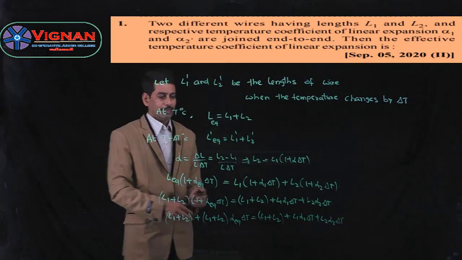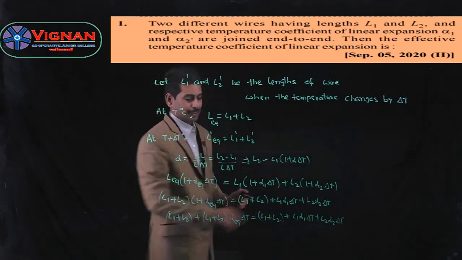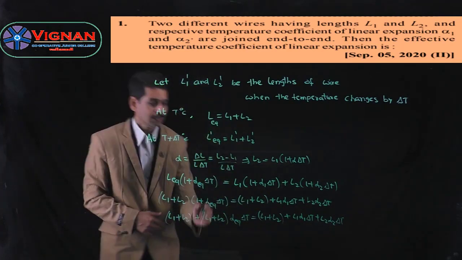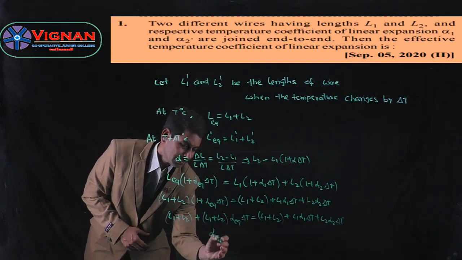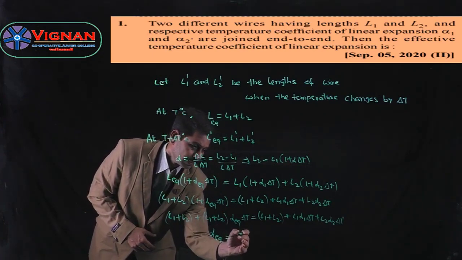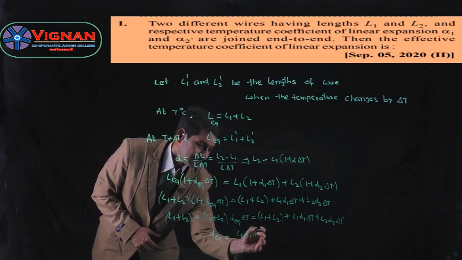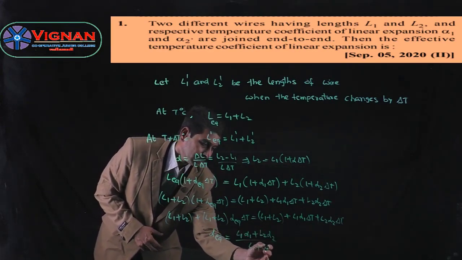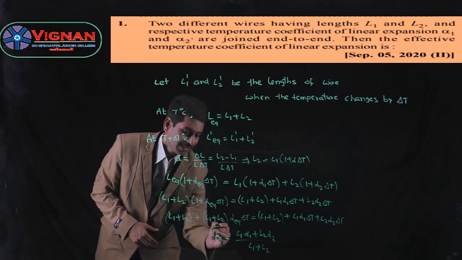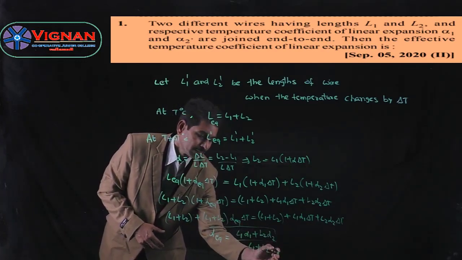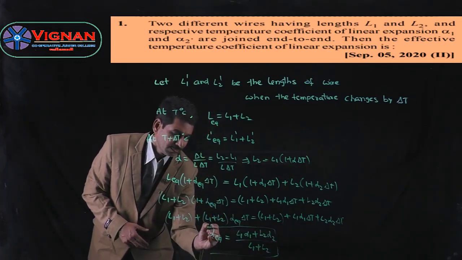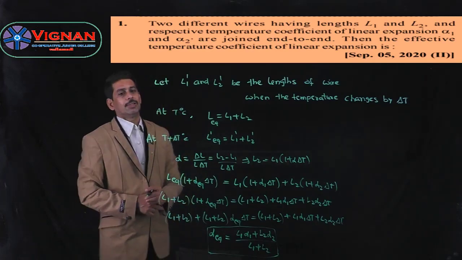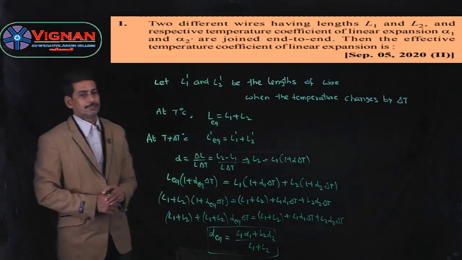I have to find the alpha equivalent, and delta T gets cancelled on both sides. So we get alpha equivalent is equal to L1 alpha 1 plus L2 alpha 2 divided by L1 plus L2. So this is the effective coefficient of linear expansion when the two rods are joined end to end.